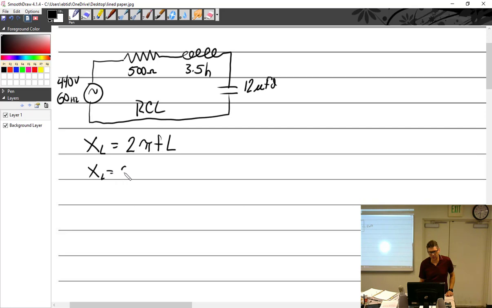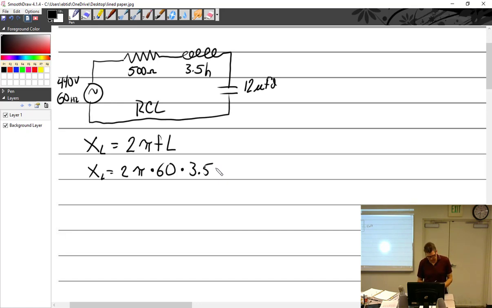X of L equals 2 times pi times the frequency, which is 60. Now be careful when you're looking at stuff: if it's got kilohertz or picofarads or microfarads, make sure you get that in there because that's a part of the number, right? Times the inductance, which is 3.5 henries. So we could plug that all in our calculator in one shot.